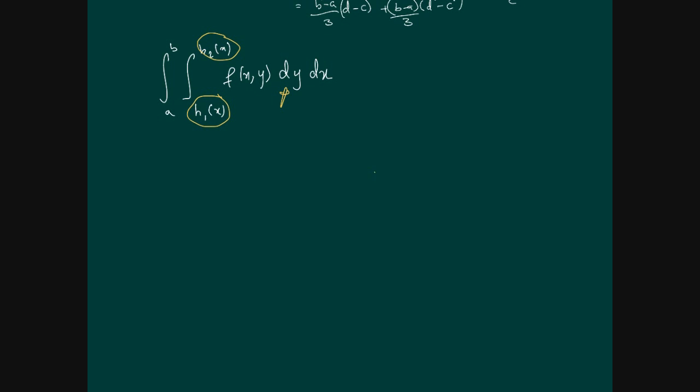Now, if I were to have functions of y here, with the numbers a, b outside, but instead of h1 of x, I have g1 of y and g2 of y, then the inner integral is with respect to x, and the outer integral is with respect to y. Remember, when you integrate f and substitute in the h1 and the h2, you end up with a function of x.